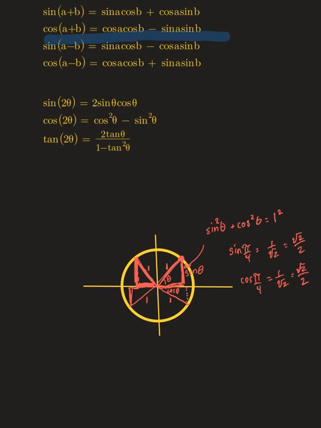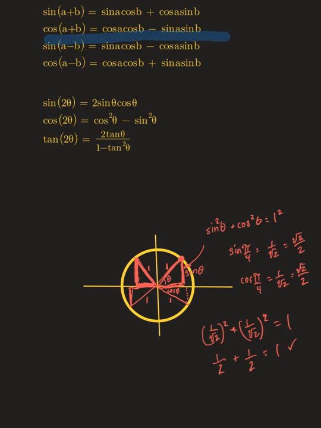You're going to get 1 over root 2 squared plus 1 over root 2 squared. Let's see if that equals 1. Well, 1 over root 2 squared is 1 times 1 is 1, root 2 times root 2 is 2. 1/2 plus 1/2, sure enough, equals 1.